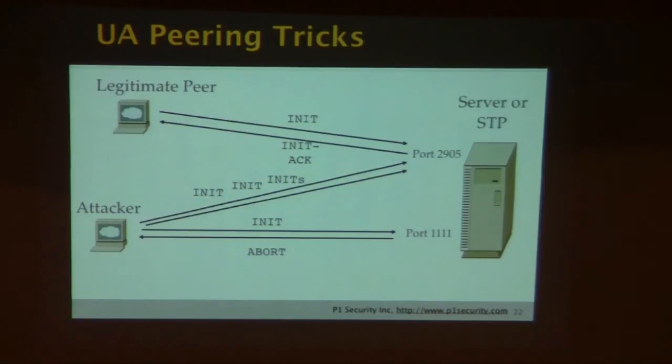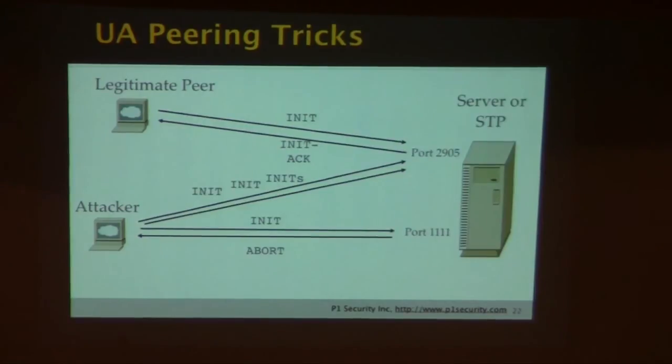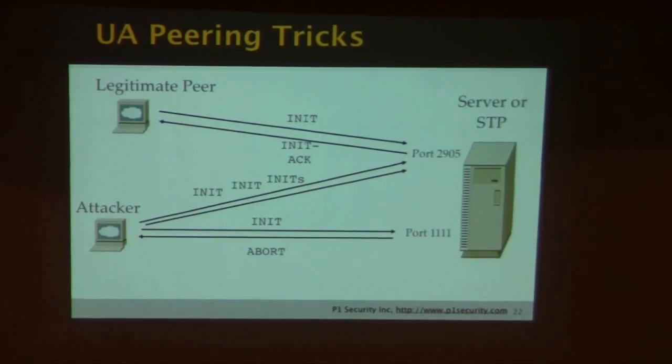And if you remember the multi-homing attack, you can send in your INIT packet the fact that you're connecting from multiple addresses. So if you inject in there some addresses that are the legitimate addresses of the legitimate peer, you will start to get connection backs.